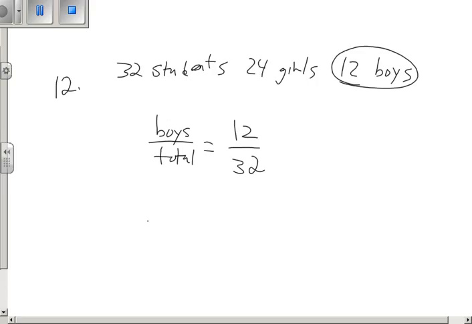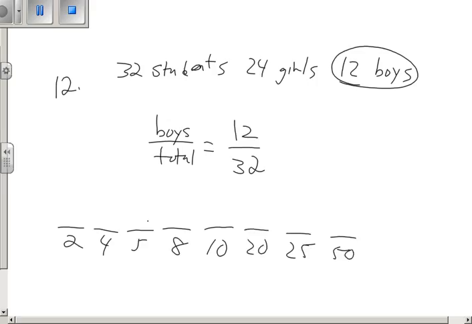Well, when I look at 12 over 32, I'm trying to think, how can I get that down to a number that I can create an equivalent fraction as a percent? I know that my denominators, if I get it to 2 or 4 or 5 or 8 or 10 or 20 or 25 or 50, if I can get an equivalent fraction with one of those denominators, then I can take the next step and make a percentage out of them.